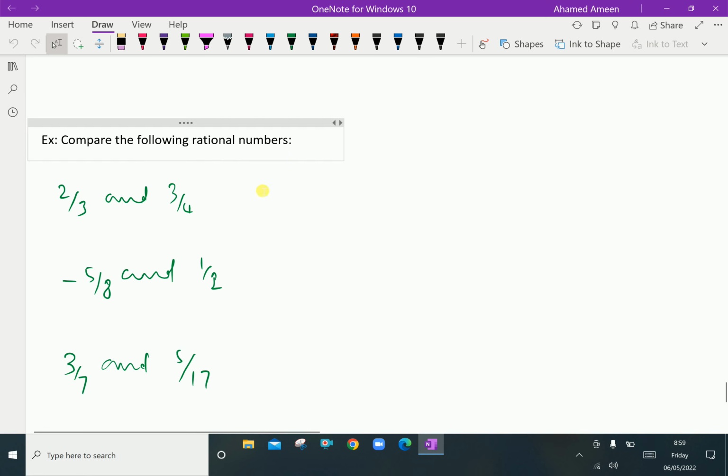Compare the rational numbers 2 by 3 and 3 by 4. Here the denominators are not the same, so we have to cross multiply. 2 into 4 is 8, and 3 into 3 is 9. So 9 is greater, so we can say 3 by 4 is greater.